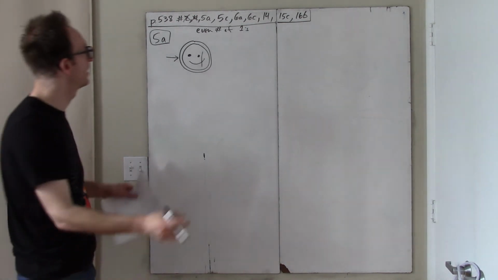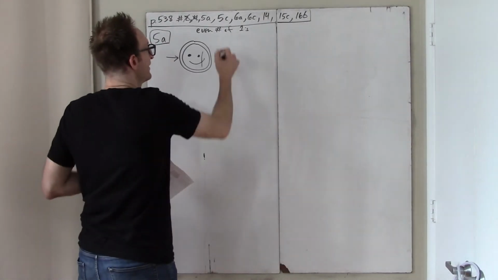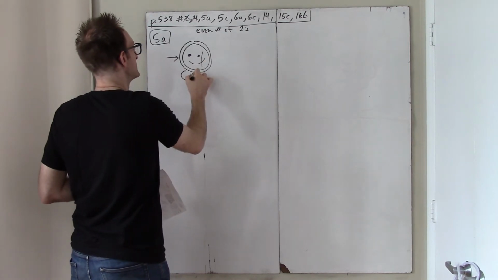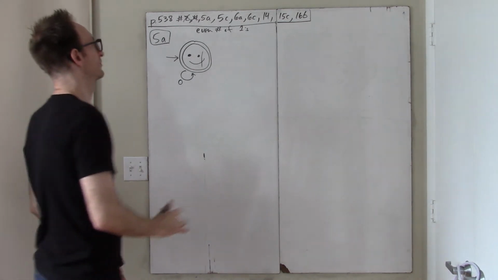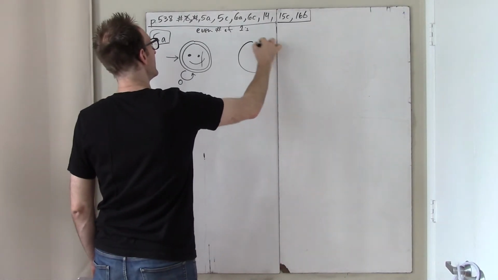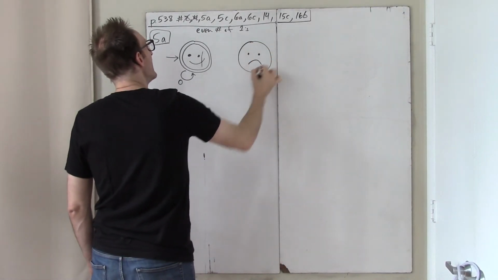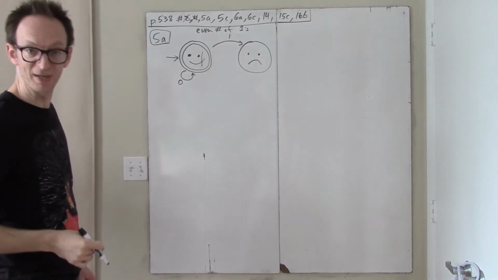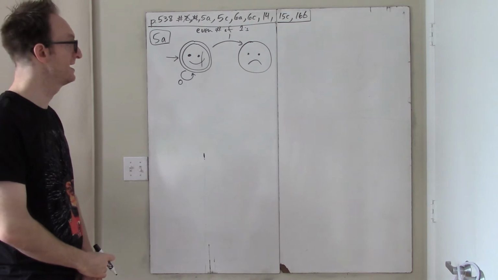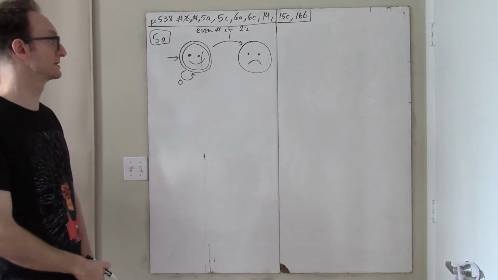And okay, we're assuming the alphabet is 0, 1. Okay, well, what if a 0 happens now? Well, then we are still happy because there are still an even number of ones. But if a 1 occurs, I should go to the sad place because now there have been an odd number of ones.